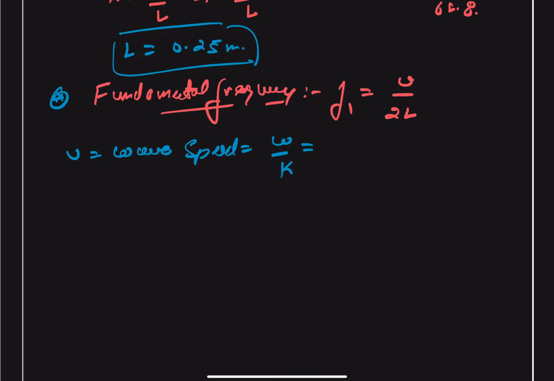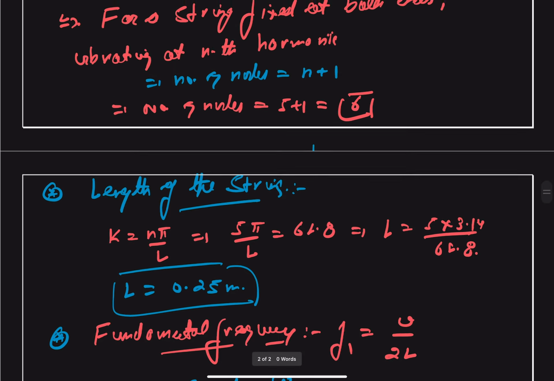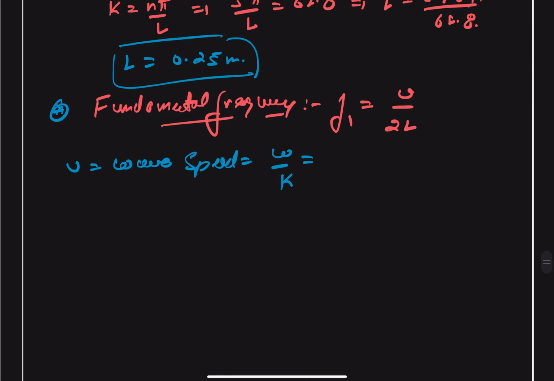Omega we already know is our 6 to 8, and k is our wave number, so we substitute the values. We get this as 6 to 8 divided by 62.8, which gives us 10 meter per second.